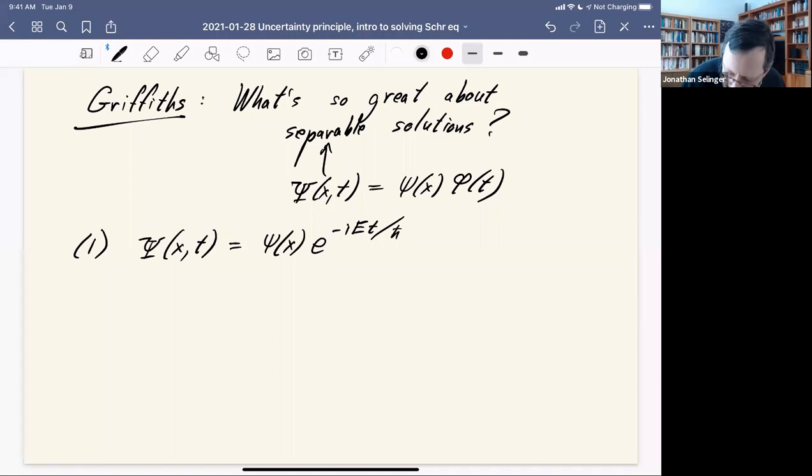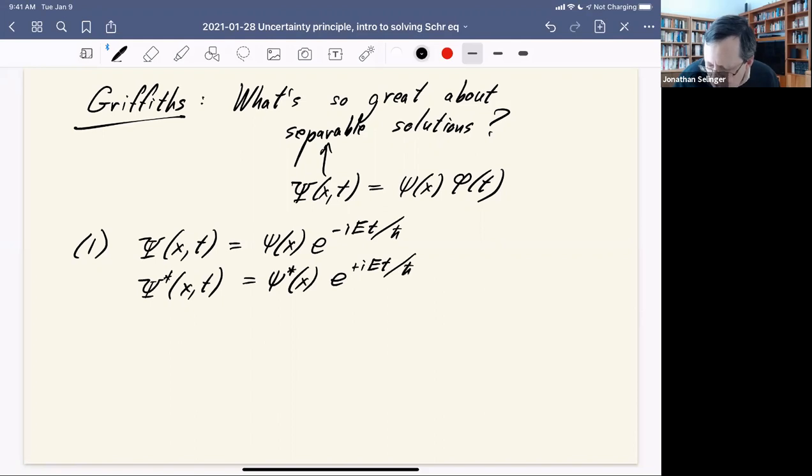And what about the complex conjugate? Well, that's going to be the complex conjugate of this function of x times the exponential of plus i E t over h bar.